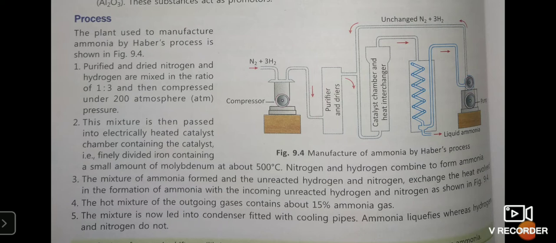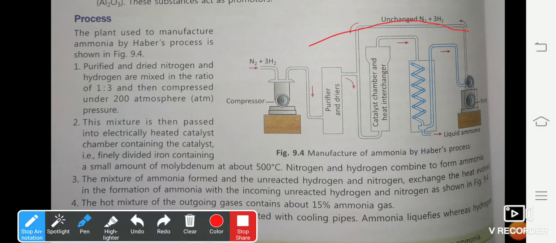Name the catalyst and promoter used in the reaction. By which method is the gas collected. So here you can see in the diagram, we have manufacture of ammonia by Haber's process. One thing I missed out in the beginning, the industrial method of preparation of ammonia is called Haber's process.